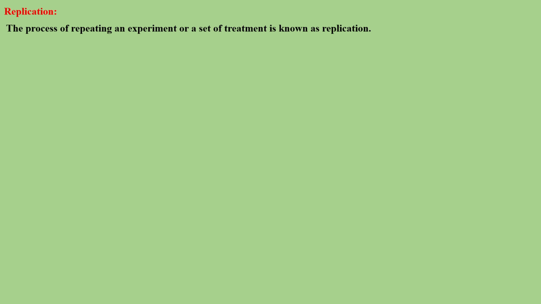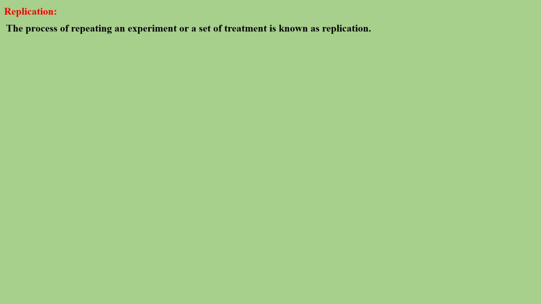Next, replication. The process of repeating an experiment or set of treatments is known as replication. So you can repeat the same test again and again. Each time you will sometimes get different outputs. It is not like physics or chemistry.